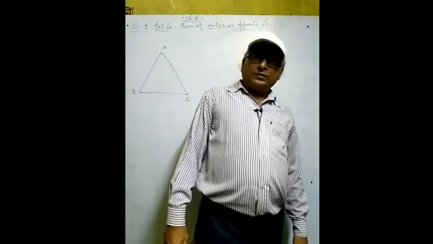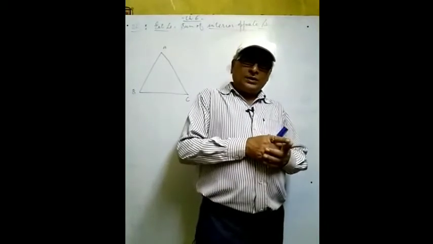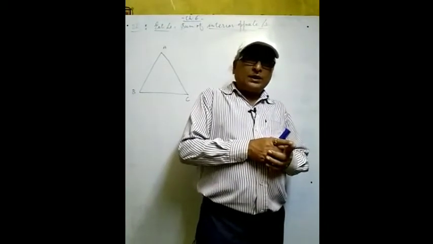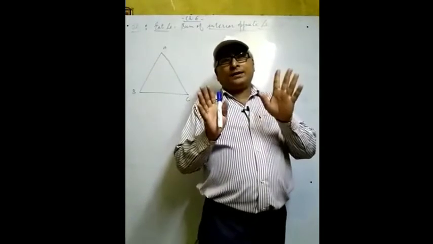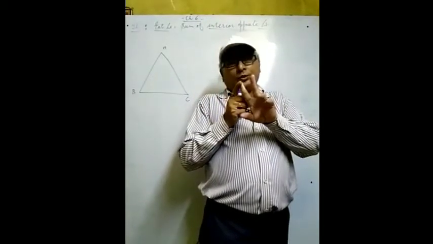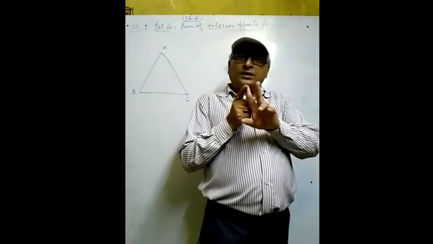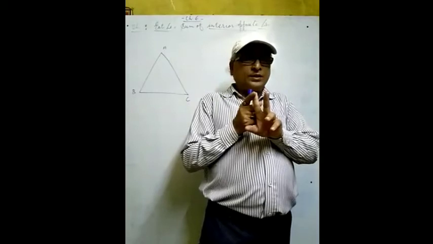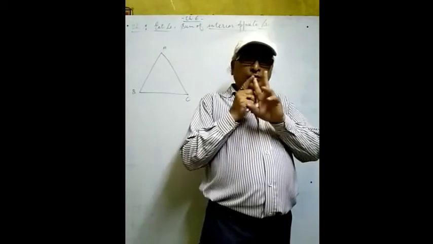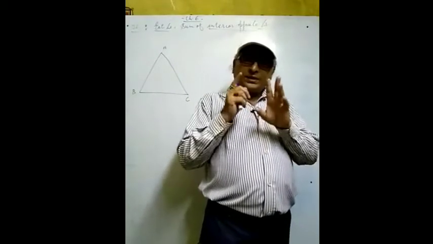Now, one is talking about interior angle, and the second is talking about exterior angles. Now two terms are being used here. So interior angle, you know the concept, but what is exterior angle? You have to know about what is exterior angle.